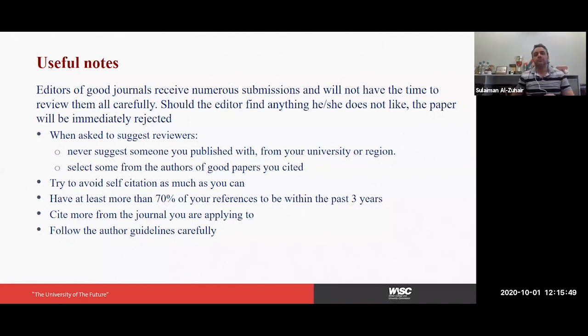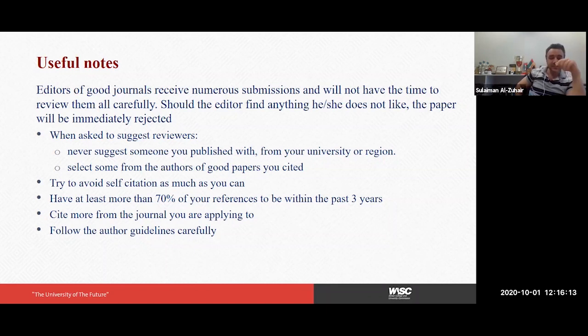Cite more from the journals you are applying to. This is again something that you may do. It is not proper, but it may convince the editor to accept sending your paper. It's a tricky way to get it through the editor, because editors would like to see the papers of their journals being cited.